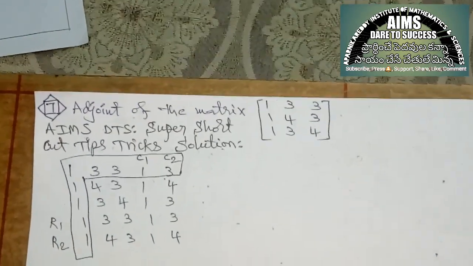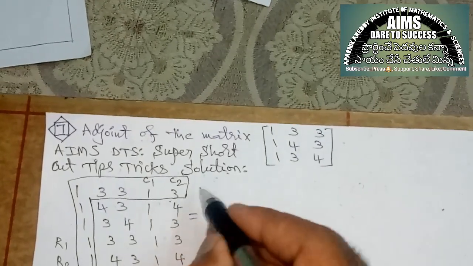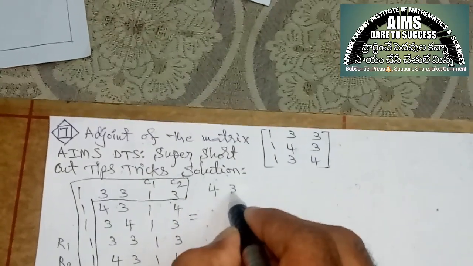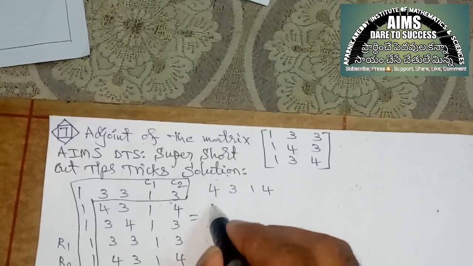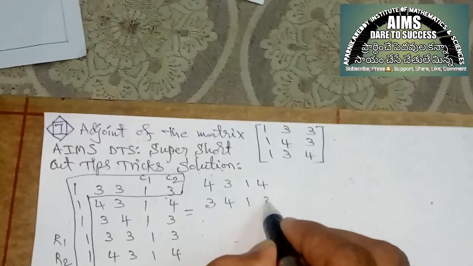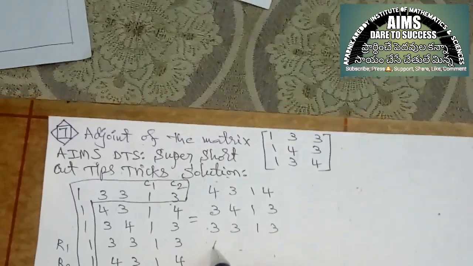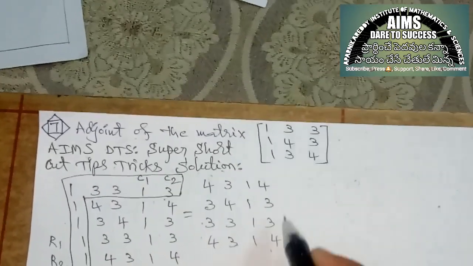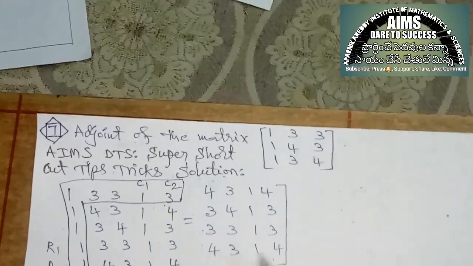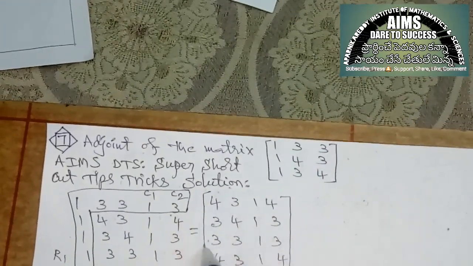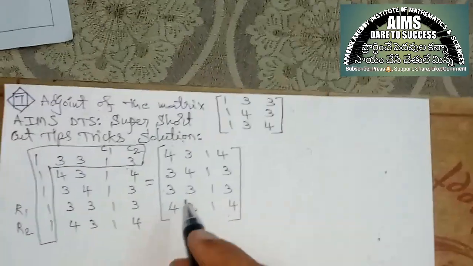After removing this part, the remaining values are 4, 3, 1, 4, 3, 4, 1, 3, 3, 3, 1, 3, 4, 3, 1, 4. It's a magical method.